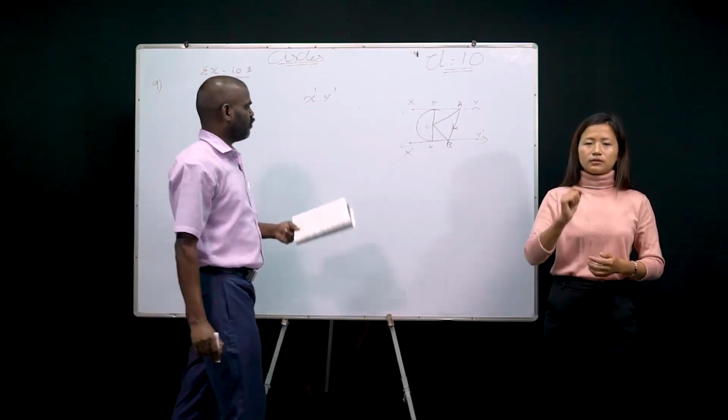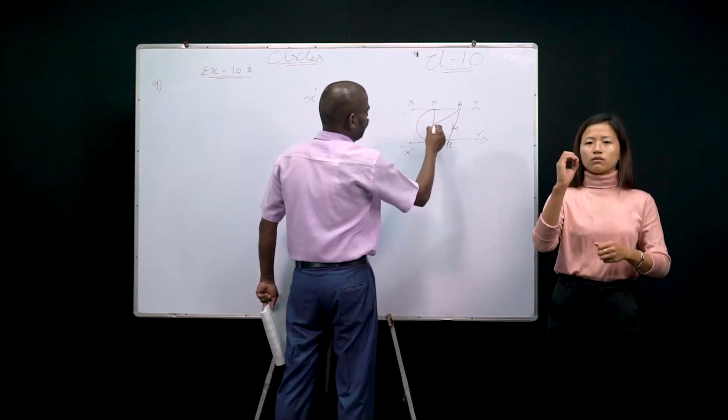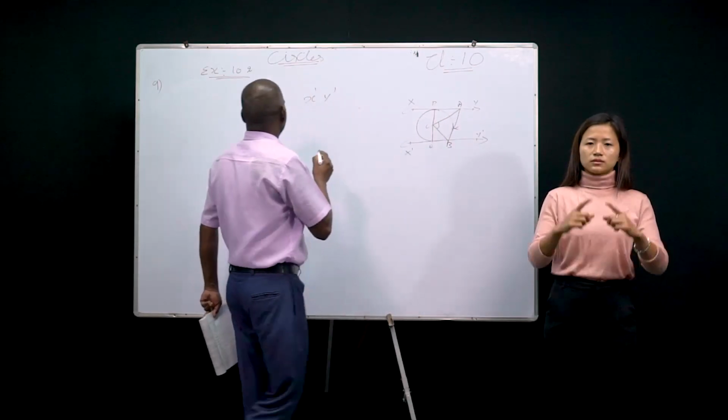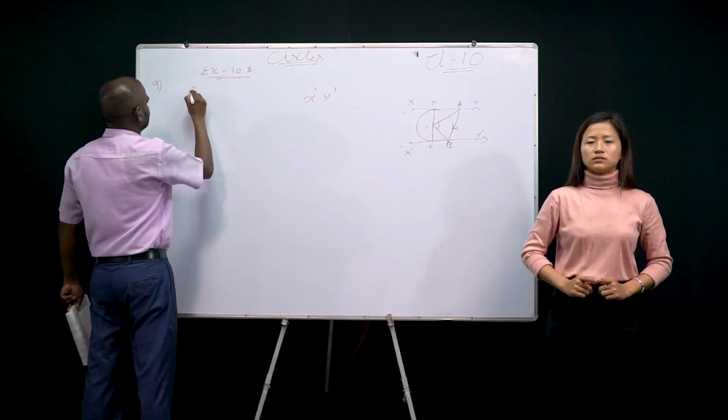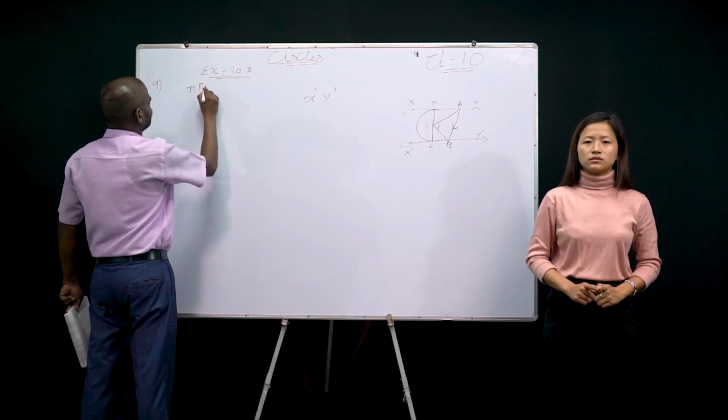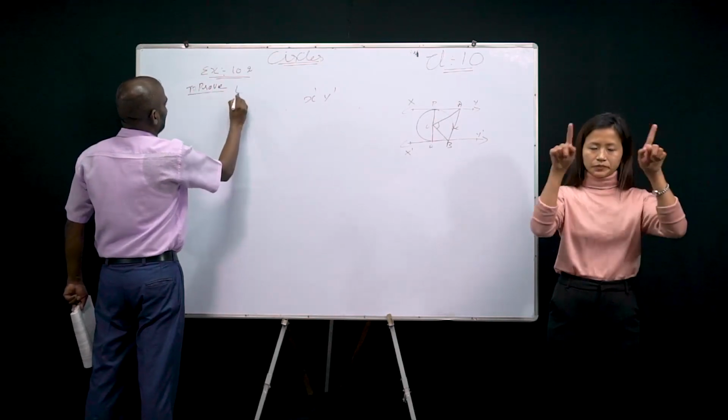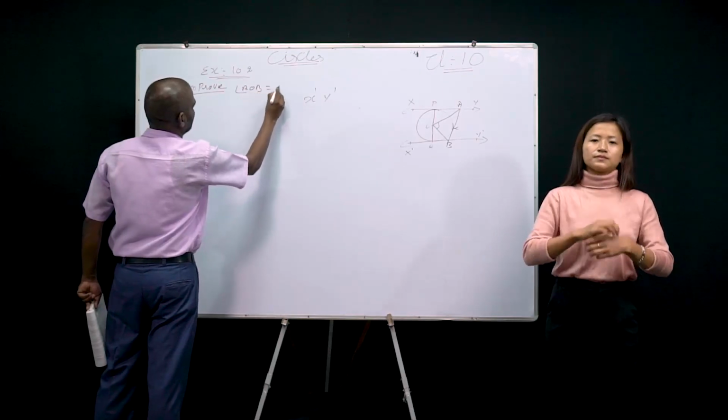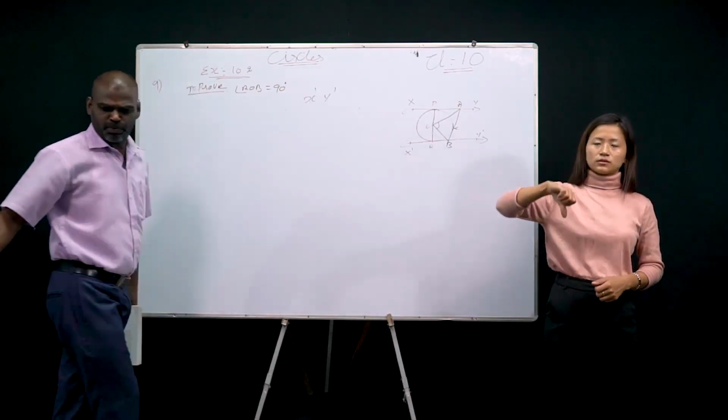Prove that angle AOB, this angle, is equal to how many degrees? 90 degrees we have to prove.